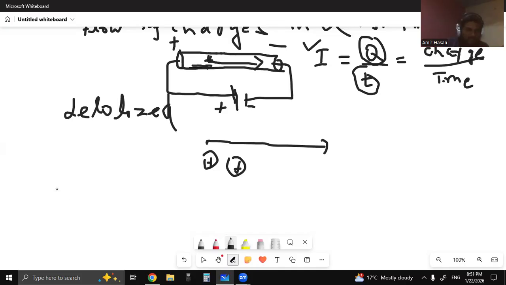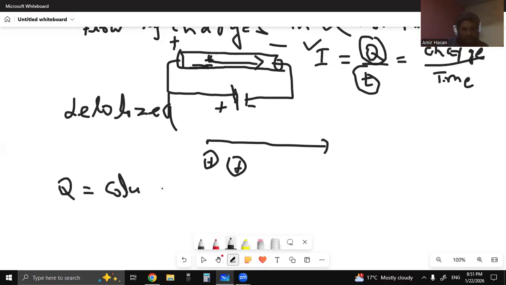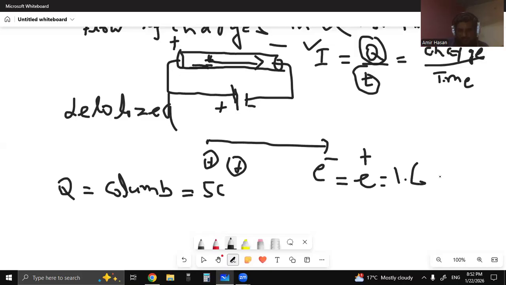What is the charge value? Charge is Q, and the unit of charge is the coulomb, represented by C. For example, if the charge is 5 coulombs, this is the value of the charge. An electron or proton carries an equal charge, and the value of this charge is 1.6 times 10 to the power minus 19 coulombs.